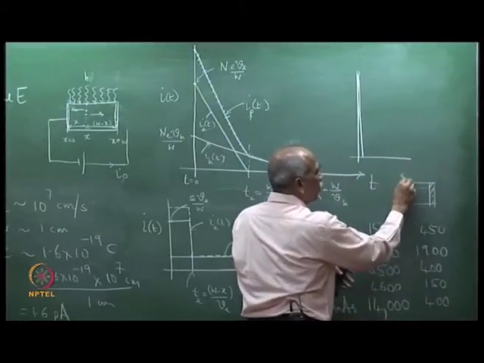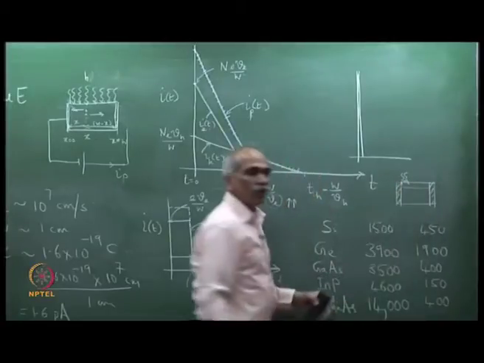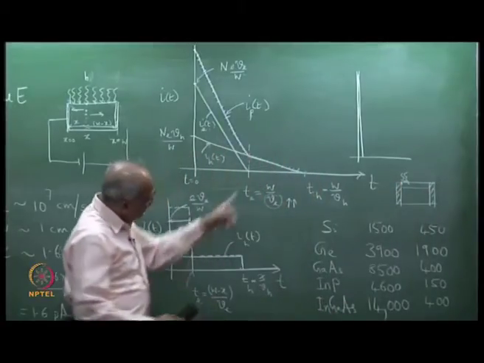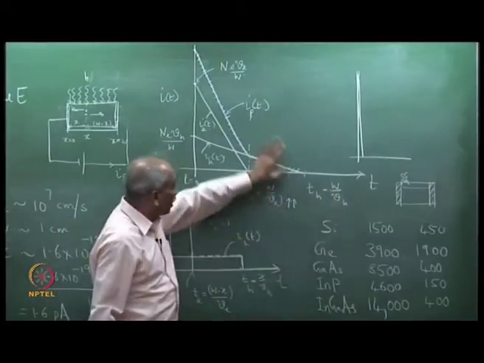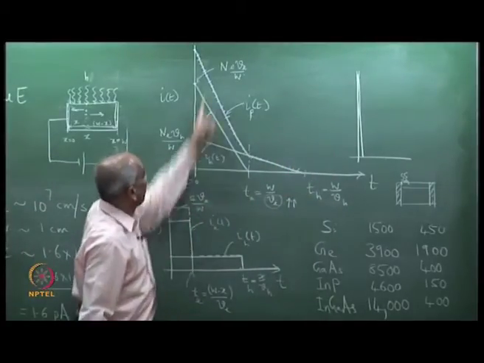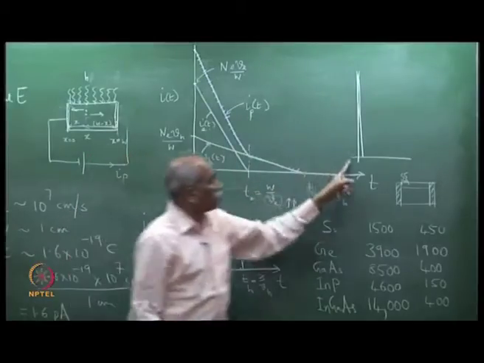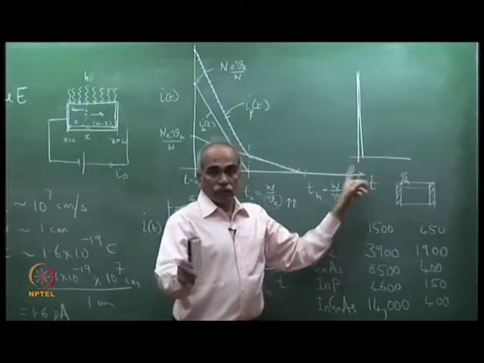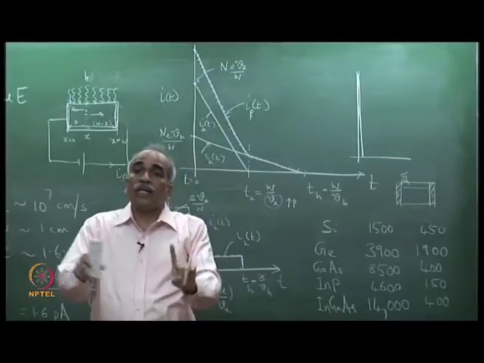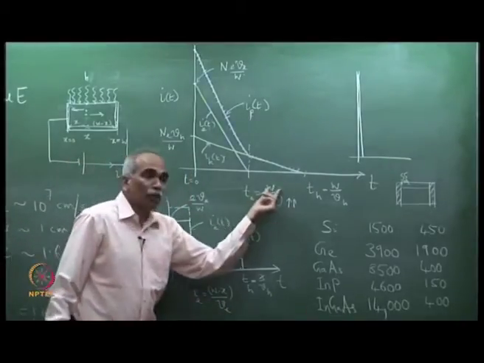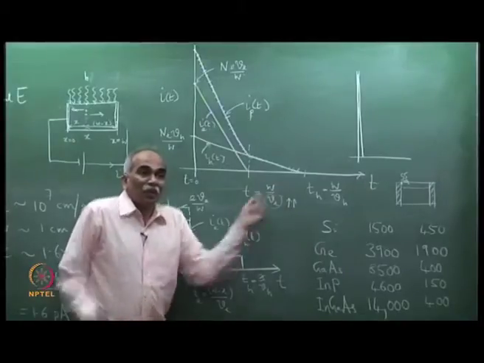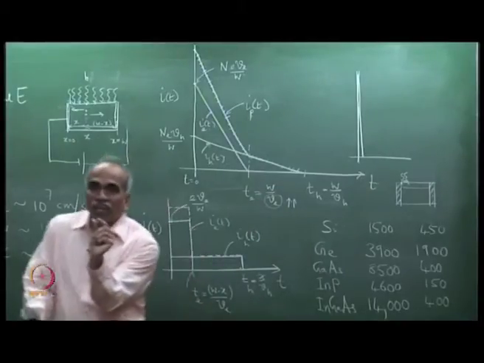This is the window where all the photons are incident. Then T_E will also be slightly larger to match T_H, so that this pedestal can be removed and we get a nice impulse response like this. First thing, we want T_E equal to T_H and as small as possible. How can we have it as small as possible? W should be as small, which means you need a very small area detector.